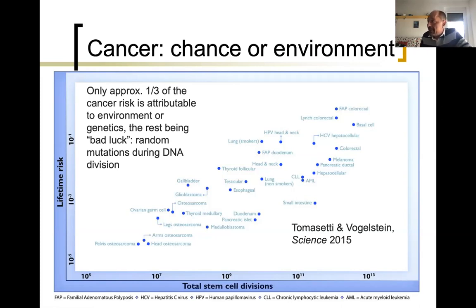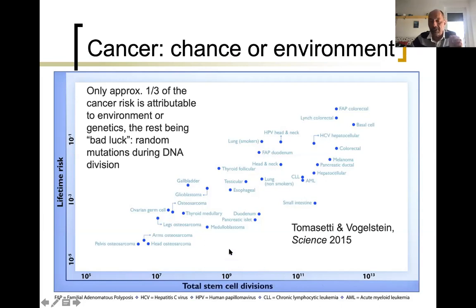When the cell divides. So let's compare those tissues that have many divisions, actively dividing tissues. You see here the total stem cell division, high number of total stem cell divisions. Let's compare them with the cells that have very few divisions, like the bones or the brain. This is the risk of cancer, and this is the total stem cell division.